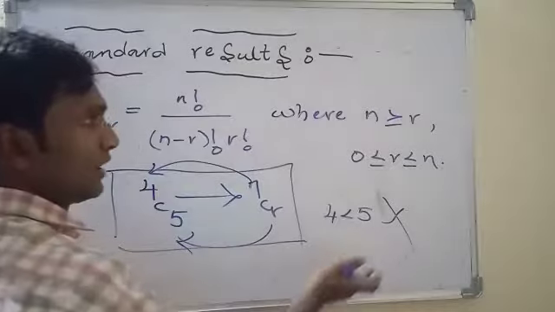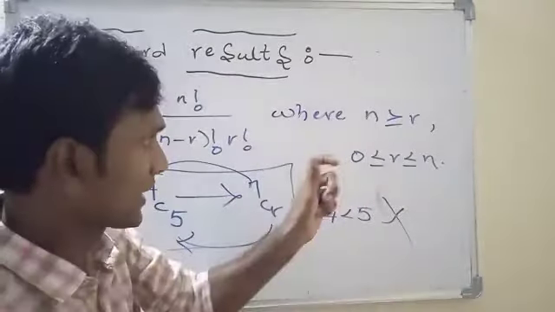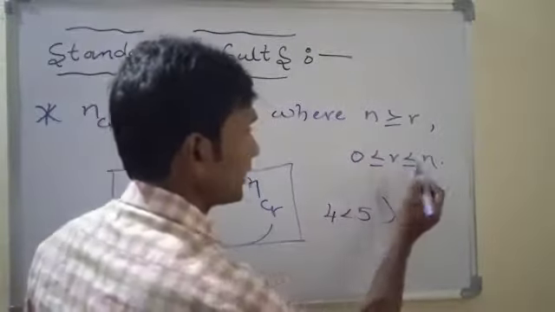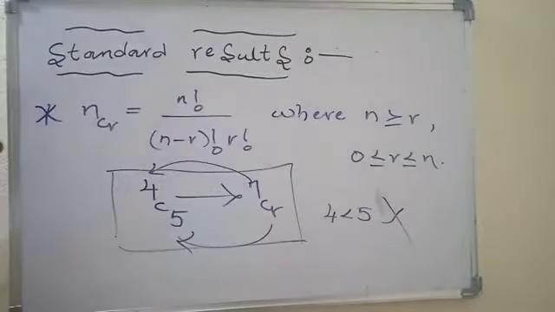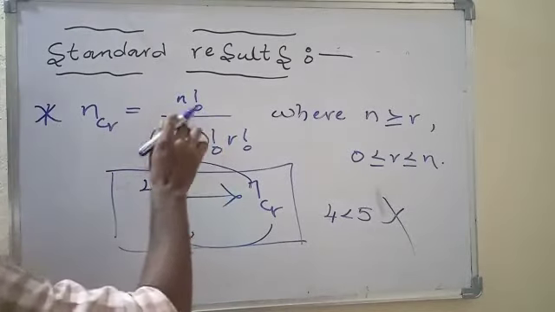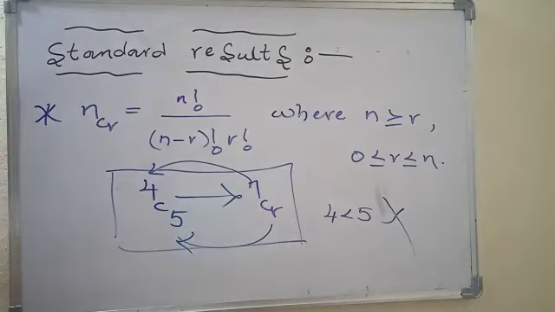In case any one of these two conditions is not satisfied, there is no chance to find the value of 4C5 by using the formula n factorial by (n minus r) factorial into r factorial.